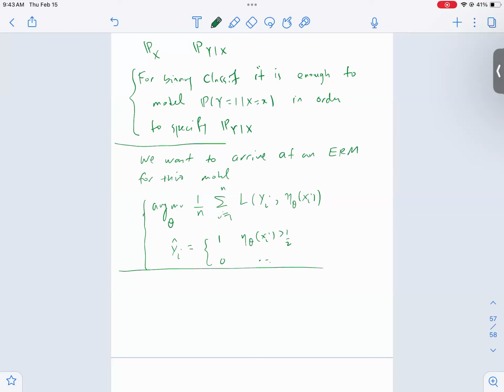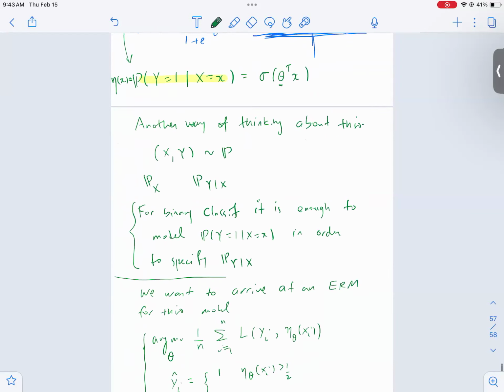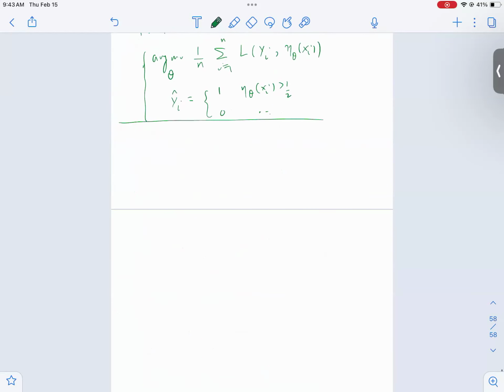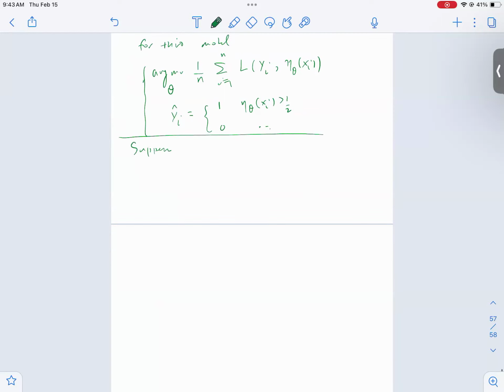The question is, how do I get there? And before getting there, what is a good approach? So suppose I have training data x1, y1, up to xn, yn.